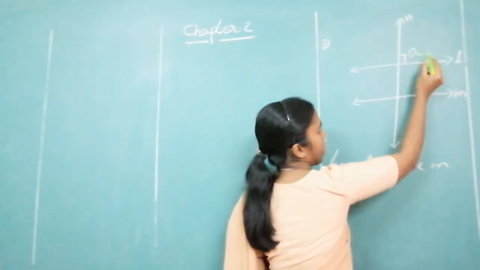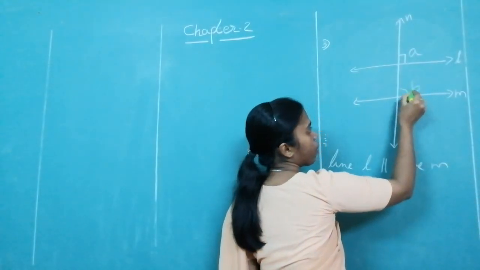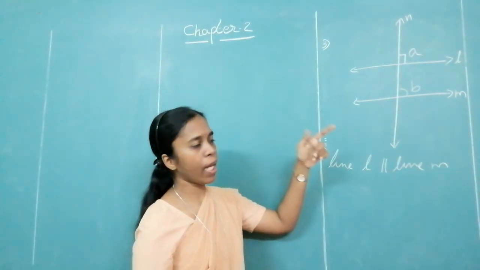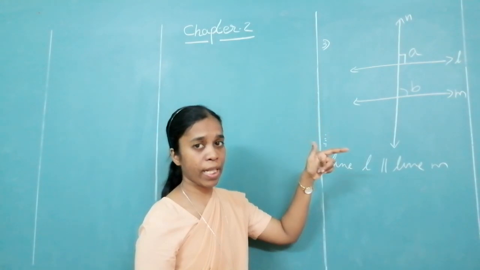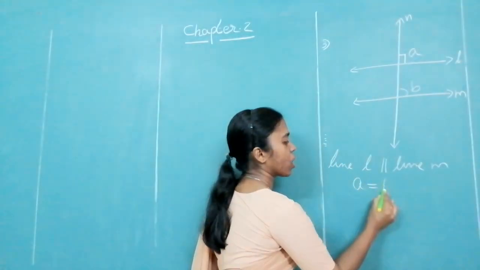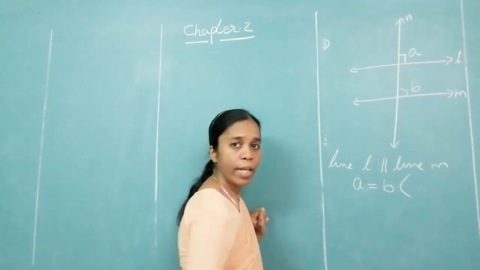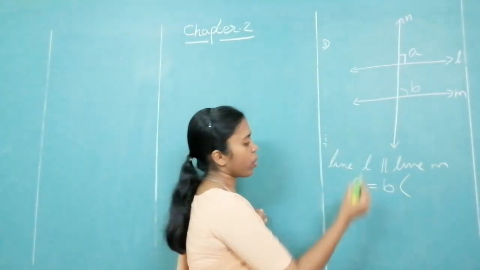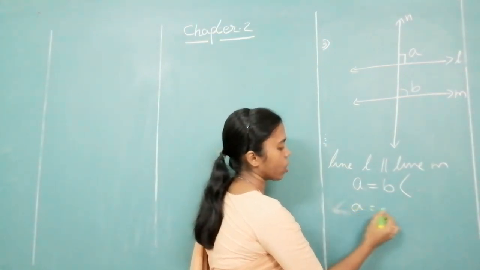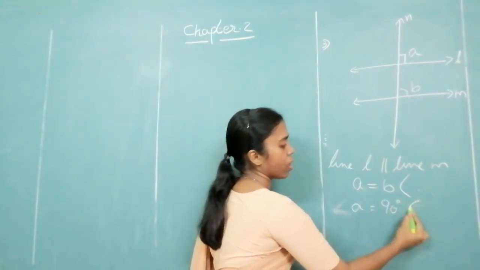Suppose I name this angle A and this angle B. What can you say about angle A and B? Line L and M are parallel. The lines are parallel, then the corresponding angles are equal. Means A is equal to B. Reason: corresponding angles. Now, what do you know about angle A? Angle A is equal to 90 degree. It is given to you.